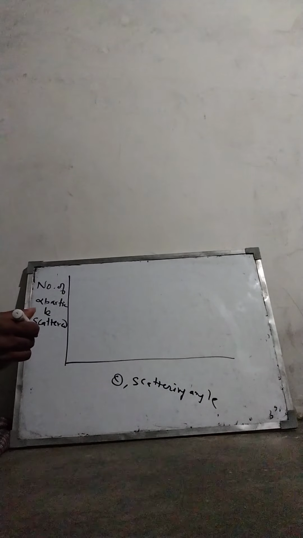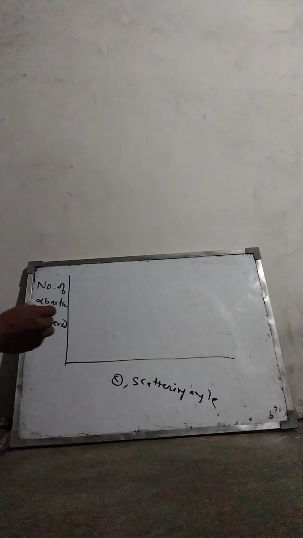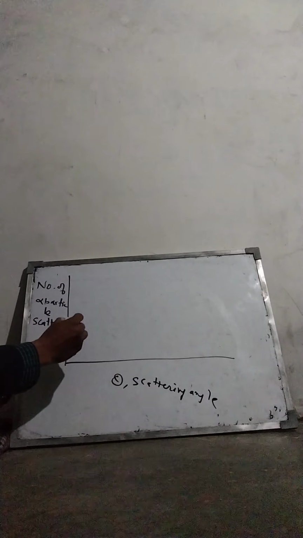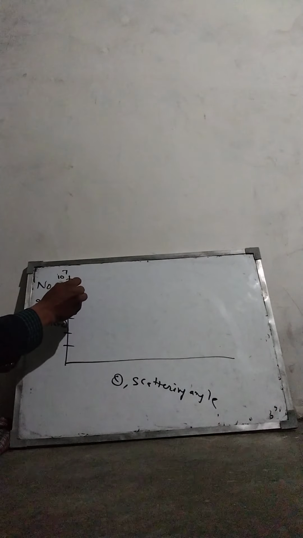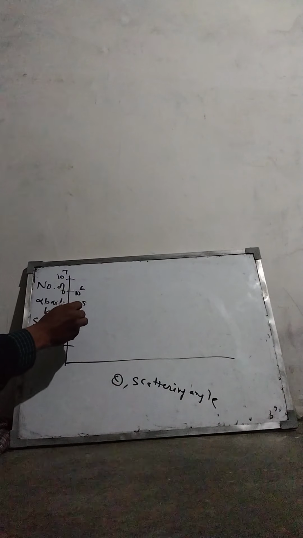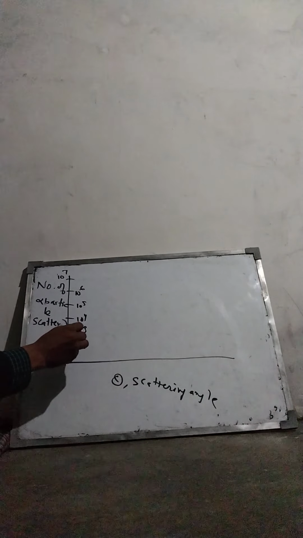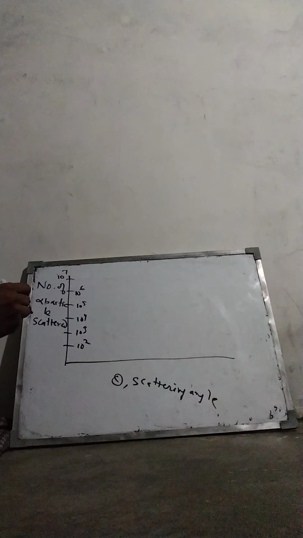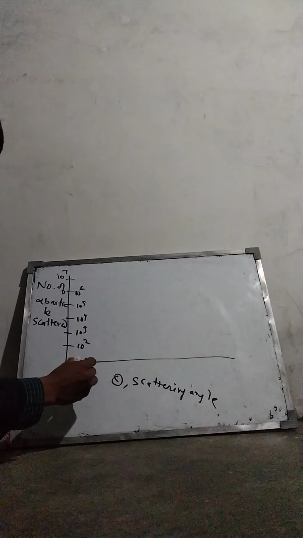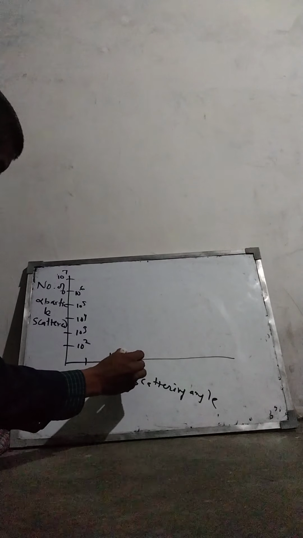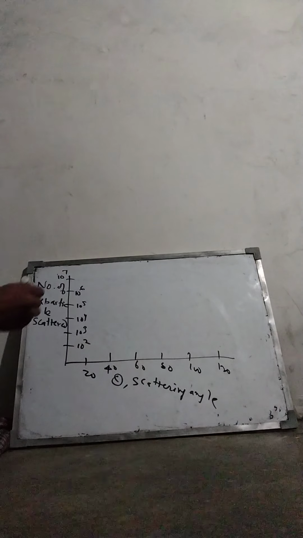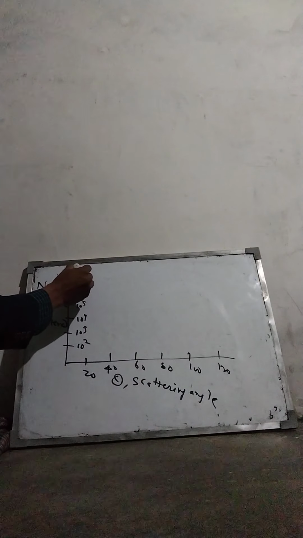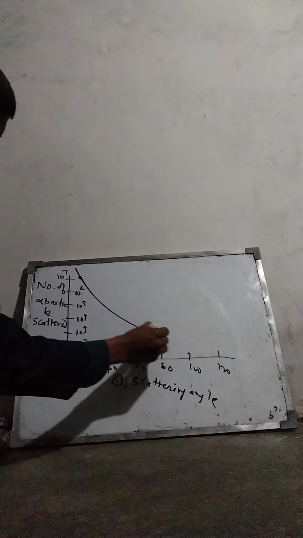The numbers go 10 to the 7, 10 to the 6, 5, 4, 3, 2, and the angle goes from 20, 40, 60, 80, 100, 120, etc. So they observed some points like this.